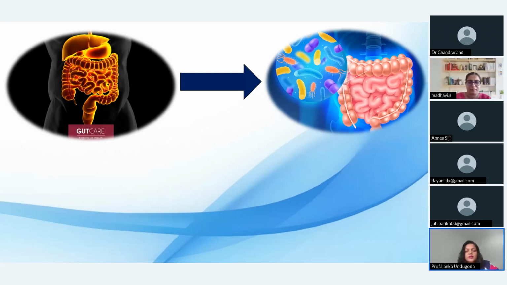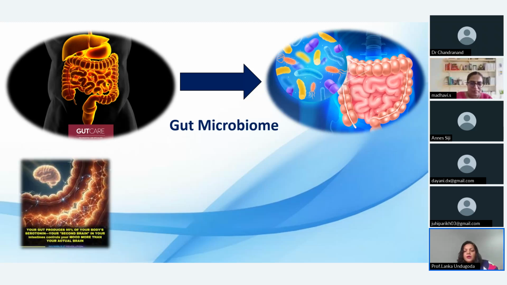So that is where this gut microbiome concept was introduced into this world by scientists. The reason for that is that in today's world we are talking about different types of hormones. We call them happy hormones. Sometimes you might think of serotonin and dopamine, those are the hormones.